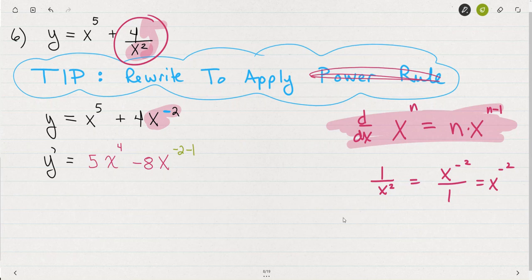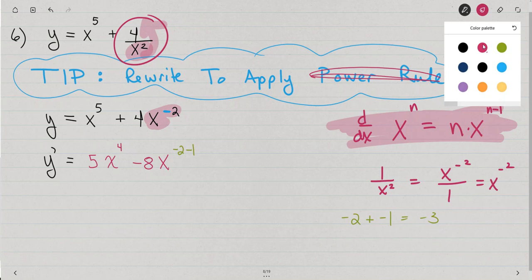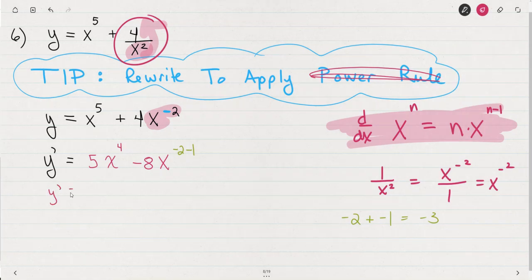Don't let this arithmetic fool you. That's negative 2 plus negative 1, or negative 3. So what I have here is y prime equals 5x to the fourth minus 8x to the negative 3. If I want to rewrite that without a negative exponent, that'd be 5x to the fourth minus 8 over x cubed.